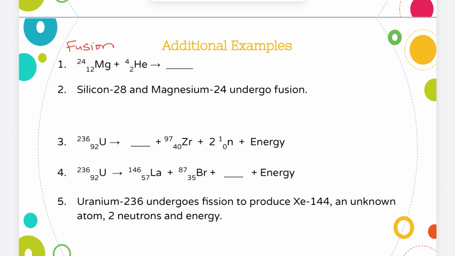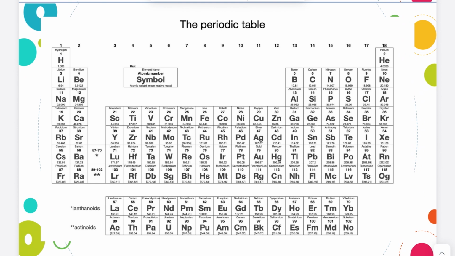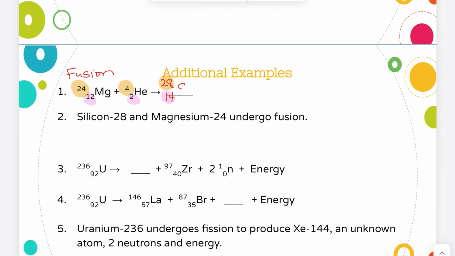Well, I'm going to have 24 plus 4. That's going to give me 28. That's the total mass. That doesn't tell me what element I have. But if I do 12 plus 2, which is going to give me 14, then I can take a look at my periodic table, and silicon is number 14, so we can fill in that symbol.